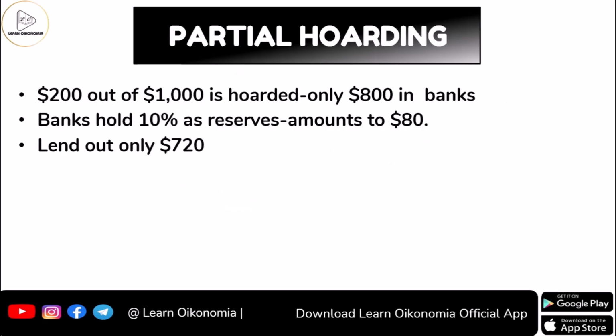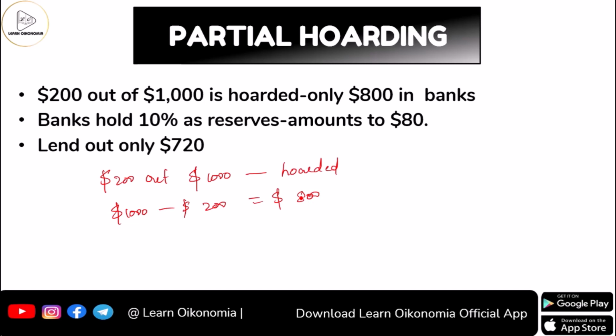So in such a case, we assume that $200 out of $1,000 is hoarded by the people. Earlier we had a money supply of $1,000, but now since $200 is hoarded, whatever is available is $1,000 minus $200, which gives $800.